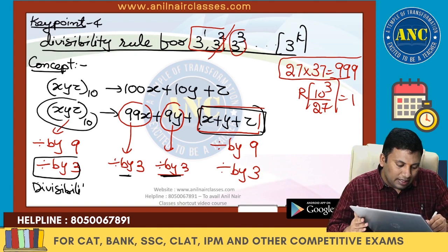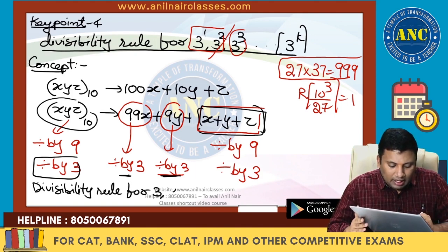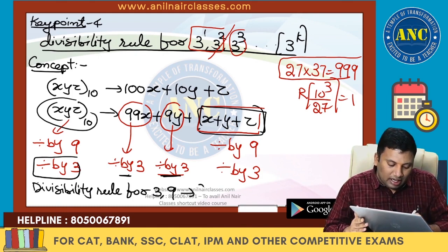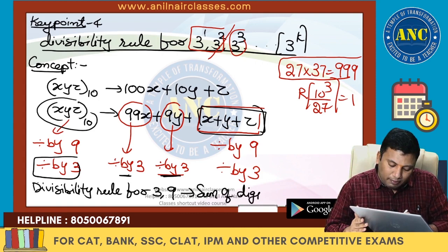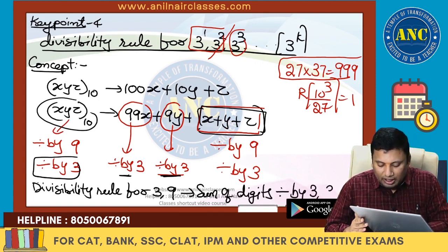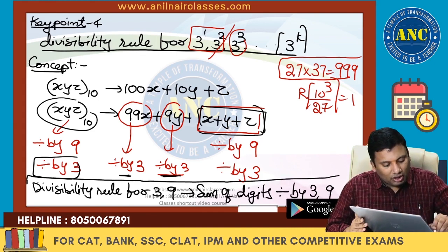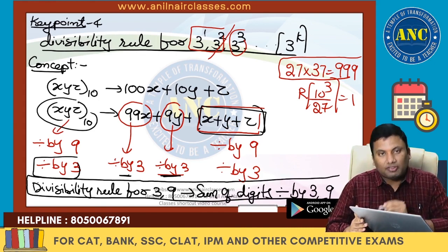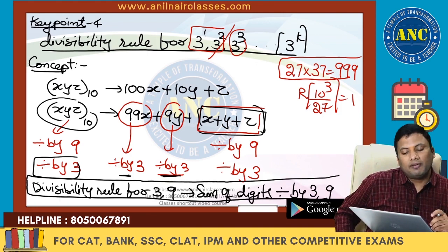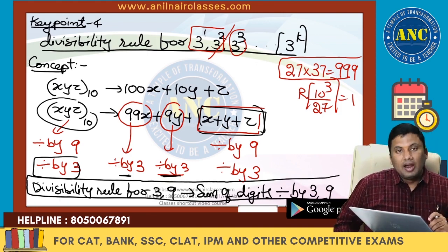The divisibility rule for 3 and 9 is that the sum of the digits should be divisible by 3 or 9. Please make a note of it.